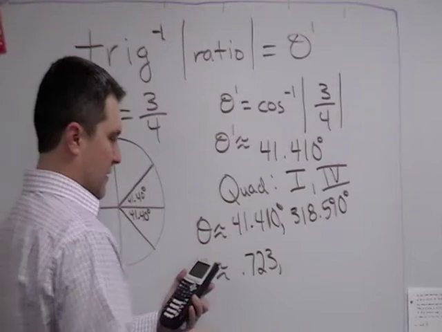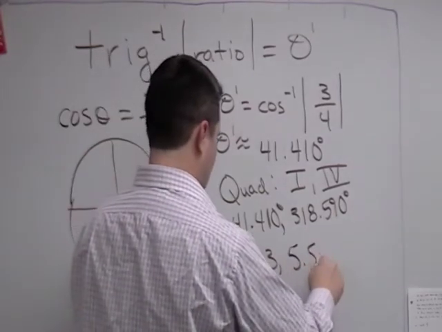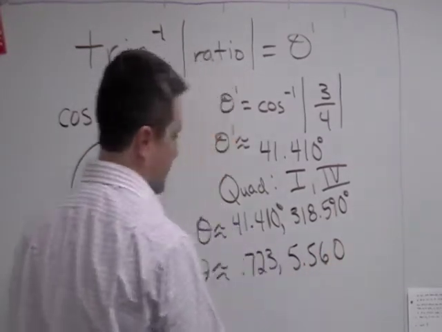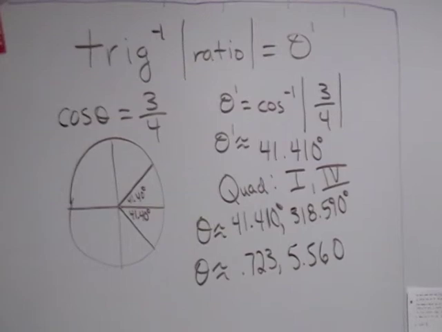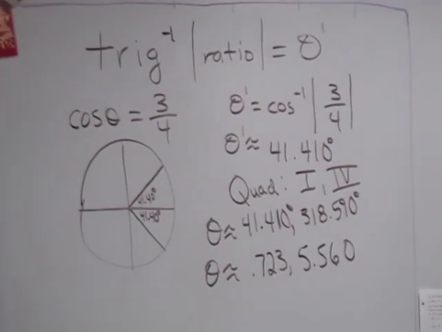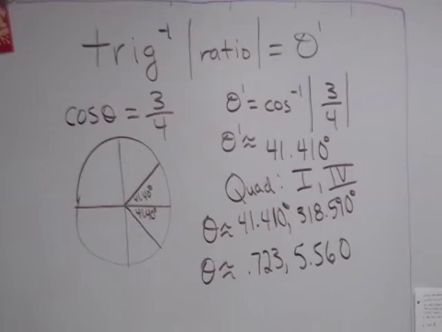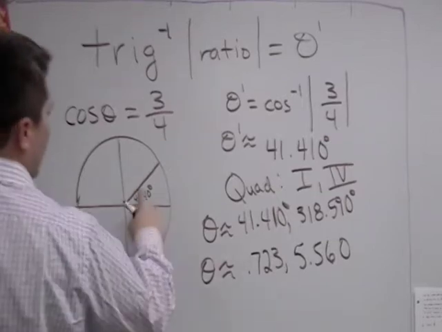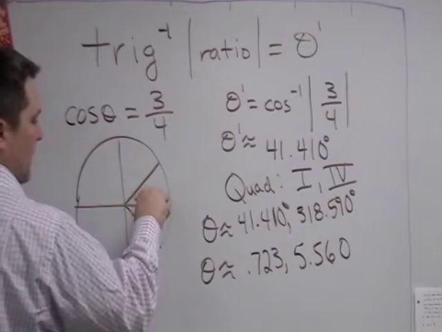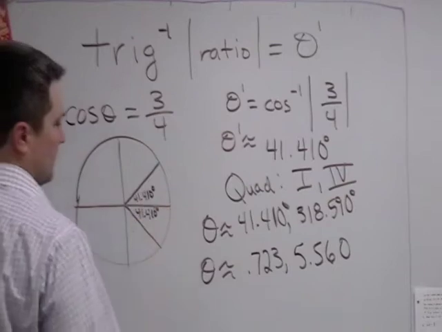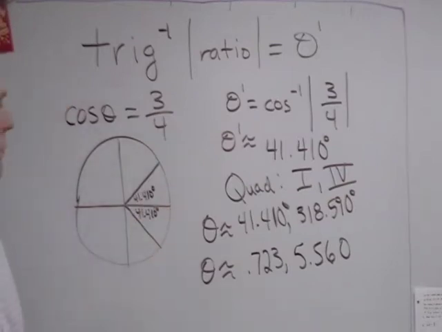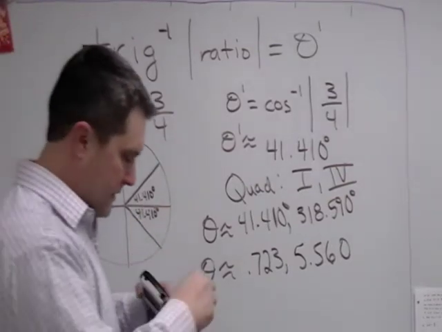And that's going to be 5.560 radians. Okay. I know that those degrees are a little blurry there, but those were both 41.410. That was the reference angle.